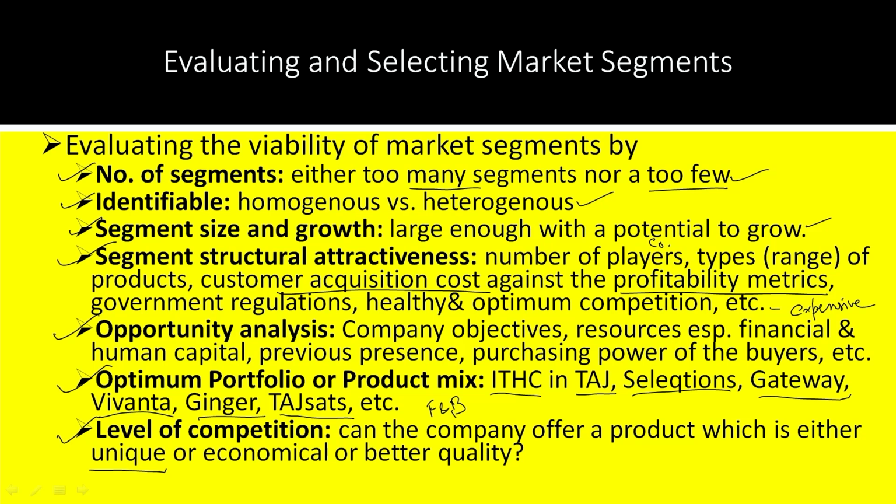If it is not unique, and is a similar product, then maybe they can make it economical, so price-wise it has gone down. Either they have come up with a unique product, or a similar product at an economical, lower price, or, if not lower price, then better quality. Something has to be there which makes the product grab the attention of the market.